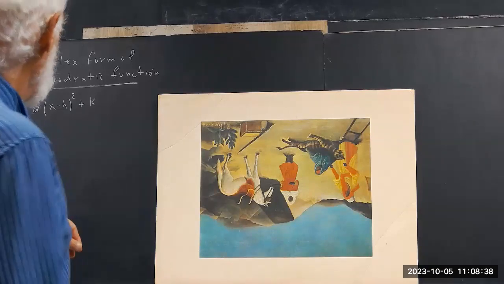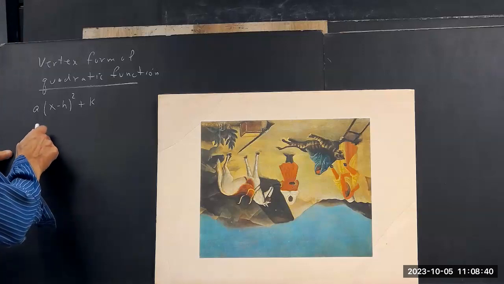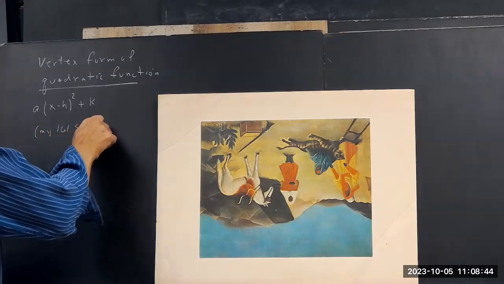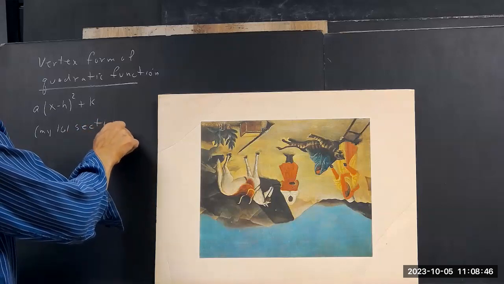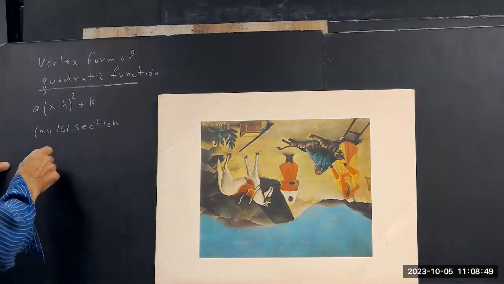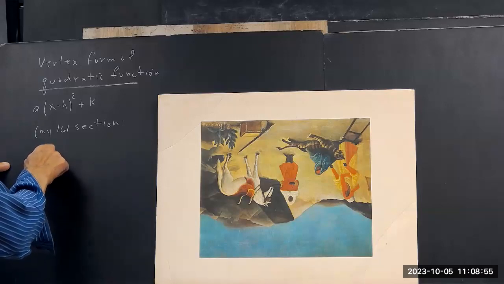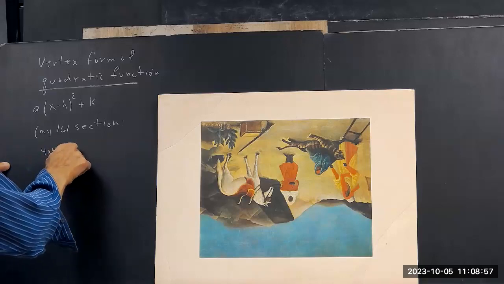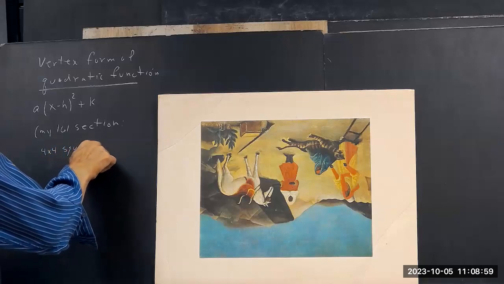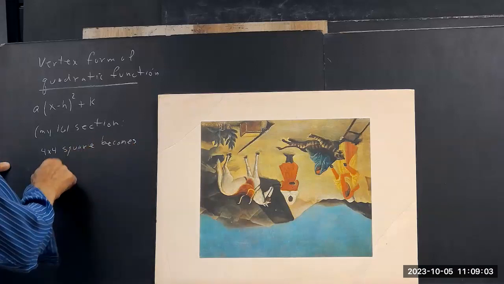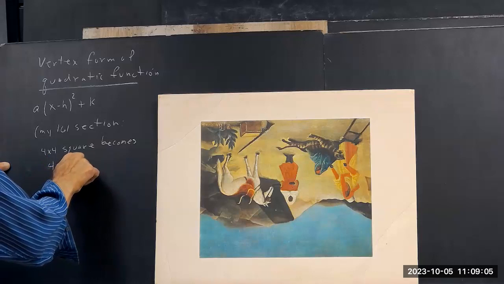Okay, so in my section, the four by four square becomes 4a by 4.